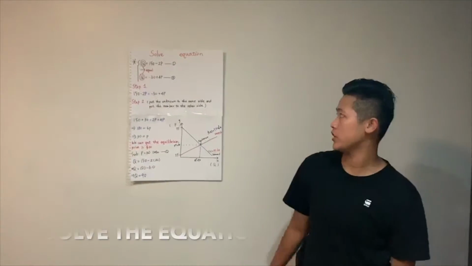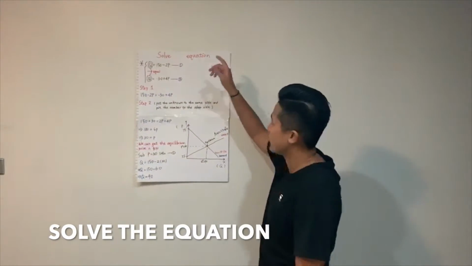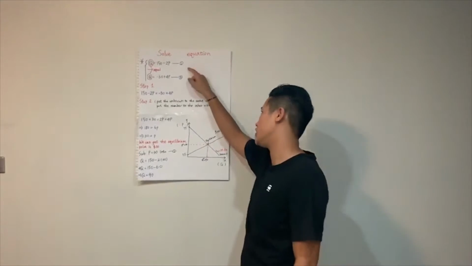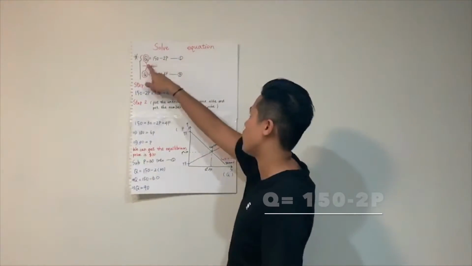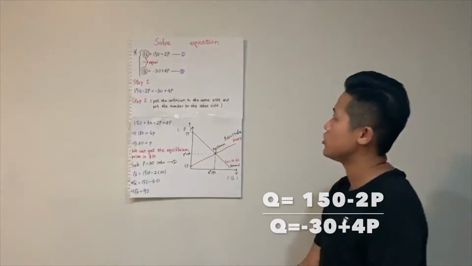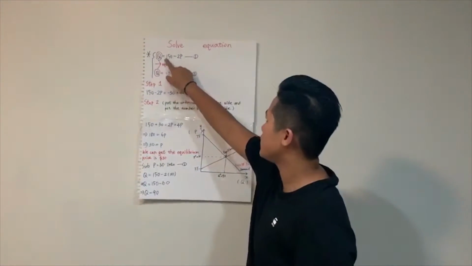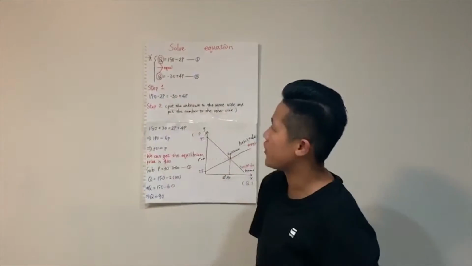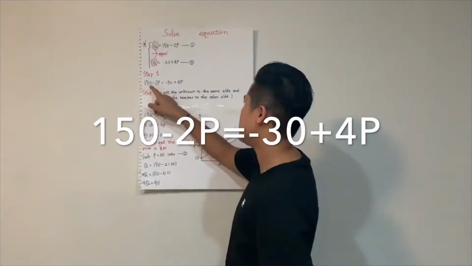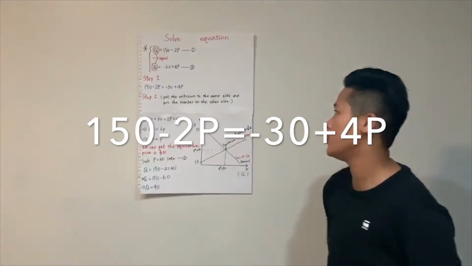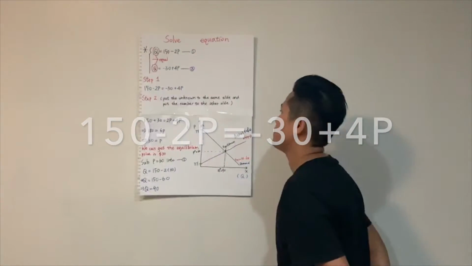So right now we can solve the equation, because the quantity is the same in the two equations. Step 1 is to put this formula and this formula together. So it becomes 150 minus 2P equals minus 30 plus 4P.